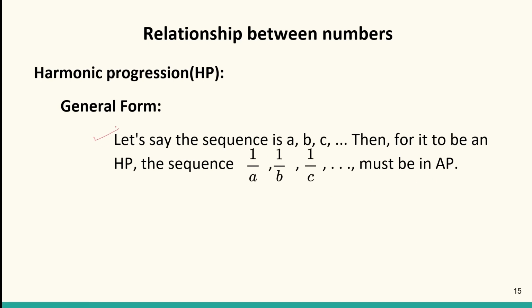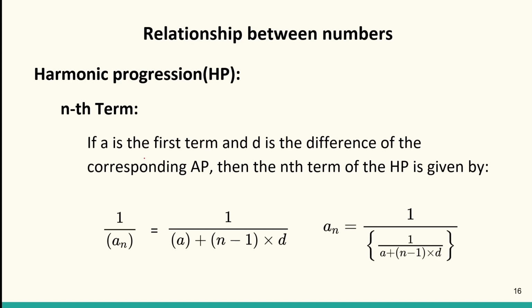Now the nth term of a harmonic progression: if A is the first term and D is the difference of the corresponding AP, then the nth term of the HP is given by Tn equal to 1 by An, which is equal to 1 by (A plus (n minus 1) into D). So An is equal to this.